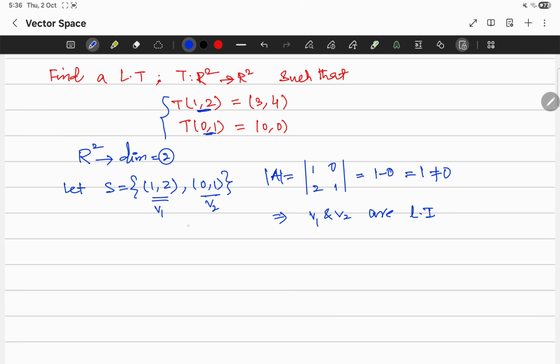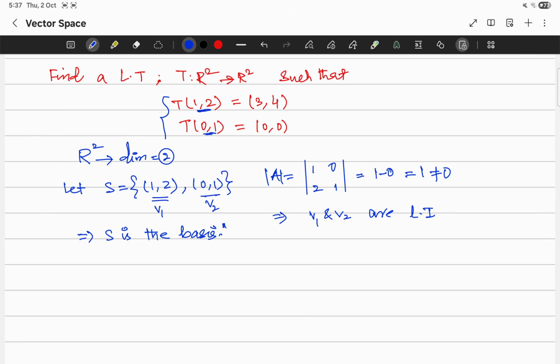When these two vectors are linearly independent and the dimension of your domain is 2, this will become the basis. It means that S is the basis, because you know the dimension of your vector space is 2, and your two given vectors are linearly independent, so it will become the basis for this vector space.